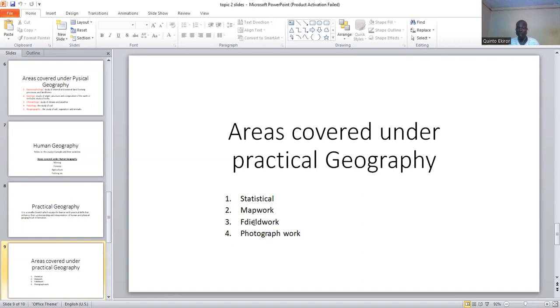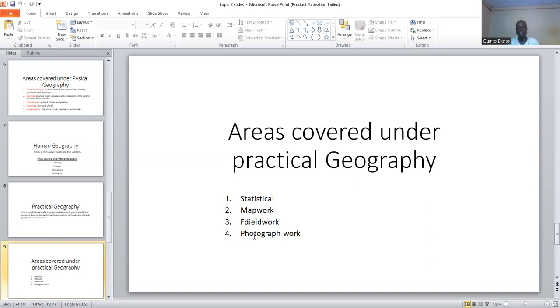We have field work, where trips are carried out to take students into an environment outside the classroom for practical skills. We have photograph work, and so on.